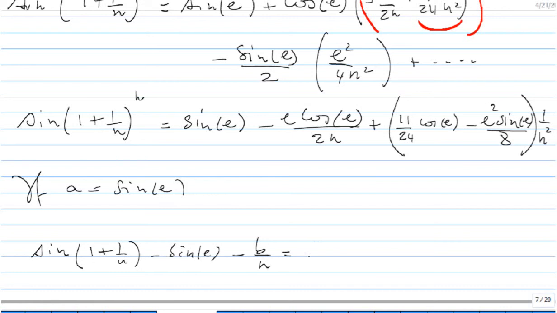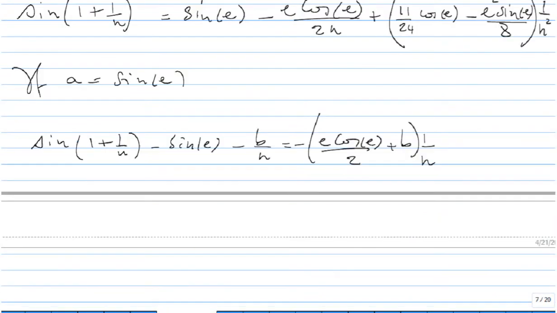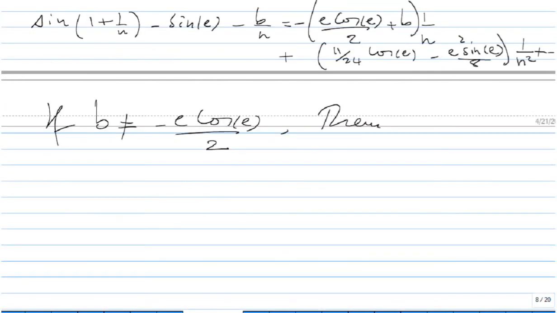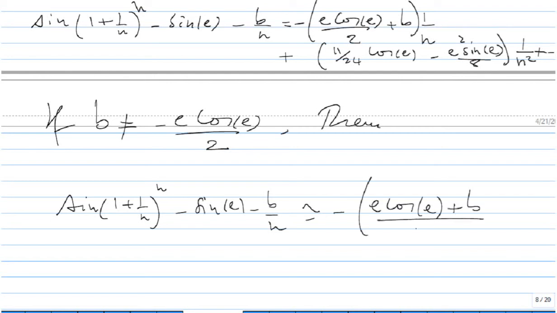So the sine of e will cancel, and we're going to have minus e cosine of e over 2 plus b, times 1 over n, plus the next term, which is 11 over 24 cosine of e minus e squared sine of e over 8, times 1 over n squared, etc. So if b is not equal to minus e cosine of e over 2, then sine of 1 plus 1 over n to the power n, I forgot an n here, minus sine of e minus b over n will be equivalent to minus e cosine of e over 2 plus b, times 1 over n.